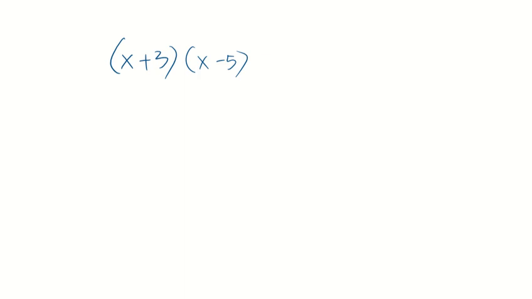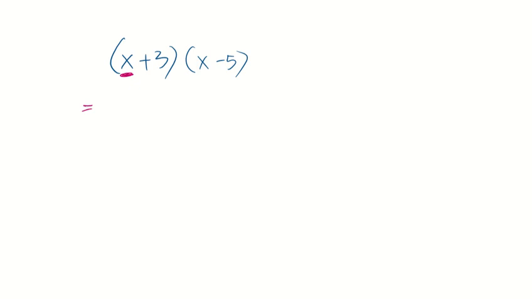Now let's look at the case where two terms times two terms, a binomial times another binomial. So here we have x plus 3 times x minus 5. Here we'll have to distribute each term in the first binomial to each term of the second binomial. I will start with the first term in the first binomial.